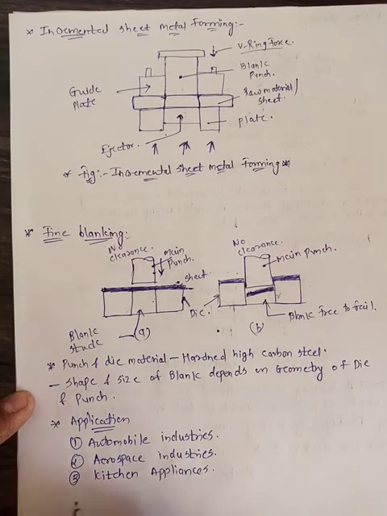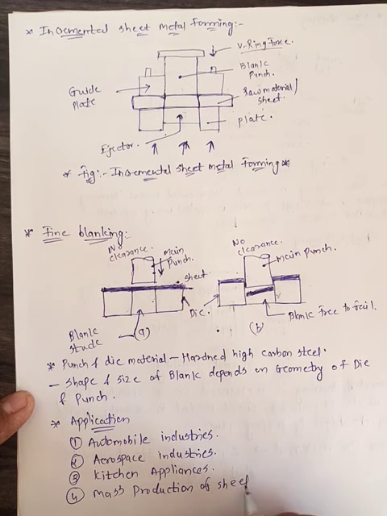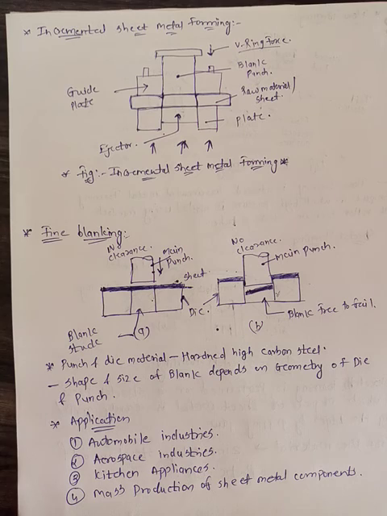Okay, and fourth, mass production of sheet metal components. This is how the explanation of incremental sheet metal forming and fine blanking is carried out.